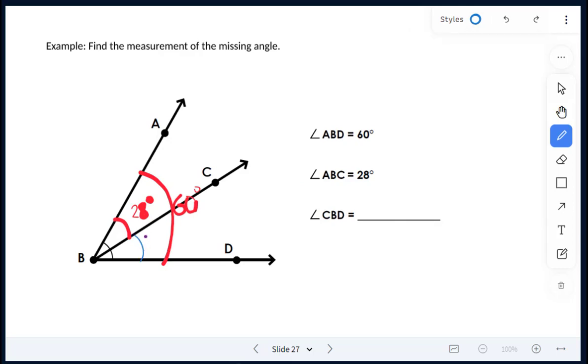This angle is what we're trying to find. That's CBD. We would get this by taking our 60 degrees, subtract the 28 degrees, which gives 32 degrees. Good.